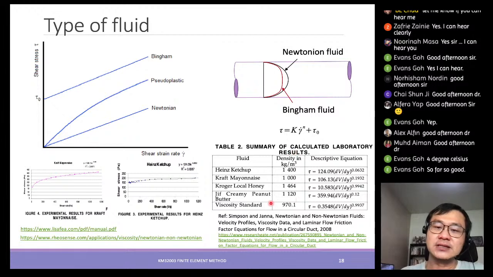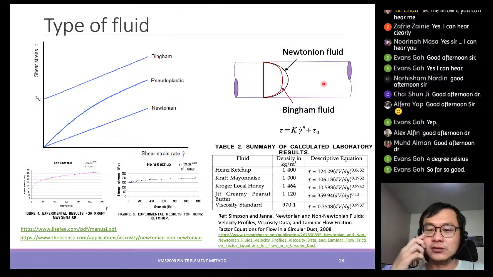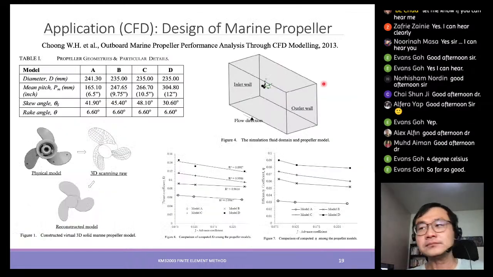You may see this paper, they use some common cooking materials, ketchup, mayonnaise, honey, and so on, and see how the shape itself changes, from Bingham, non-Newtonian, to the Newtonian fluid.